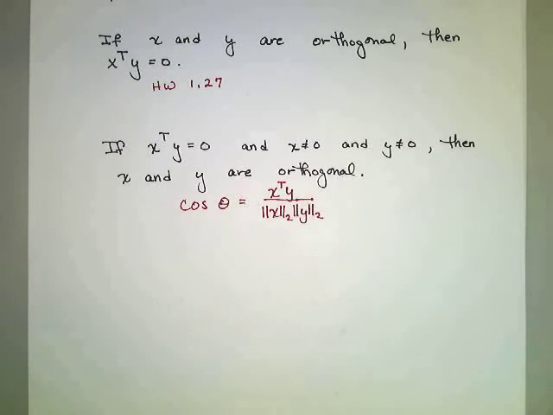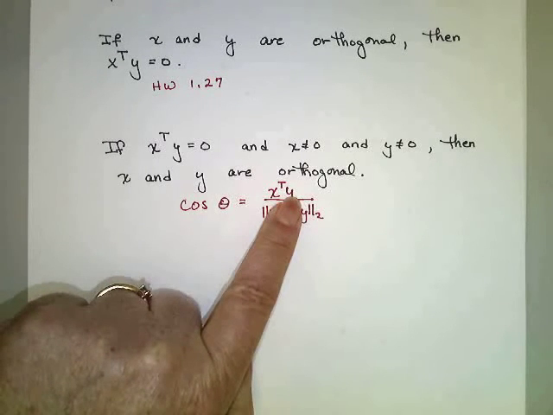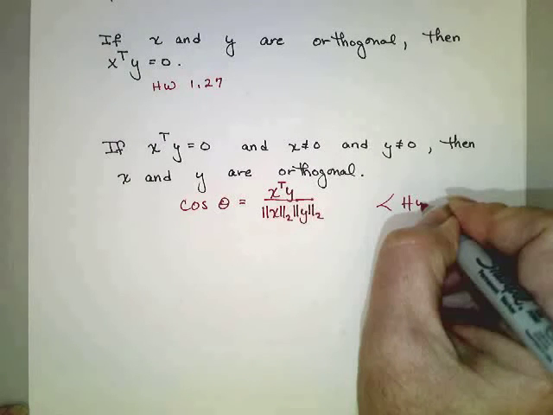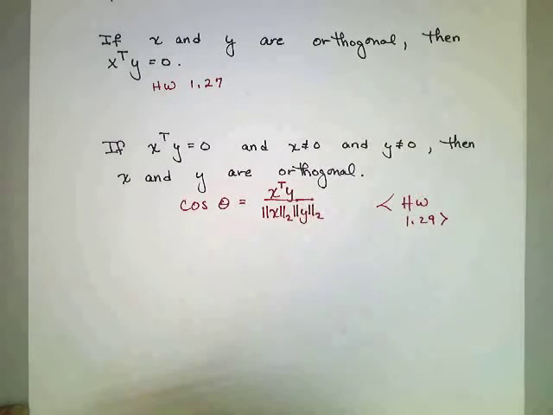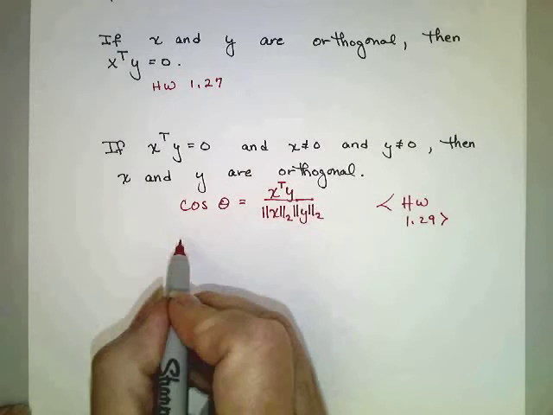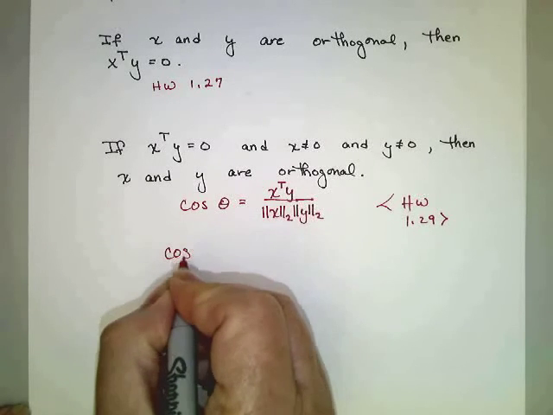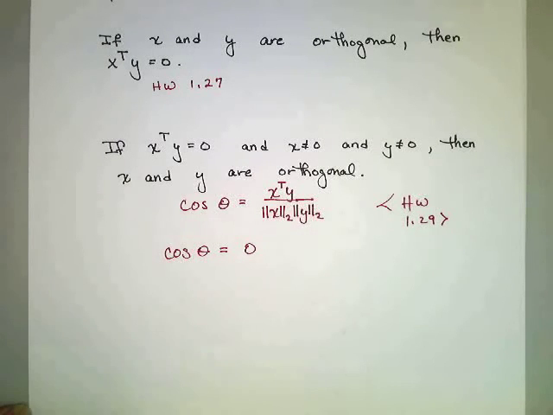Does it work the other way? What if we know that this is equal to 0? What would that mean? Well, what that means is that the cosine of theta would have to be equal to 0.